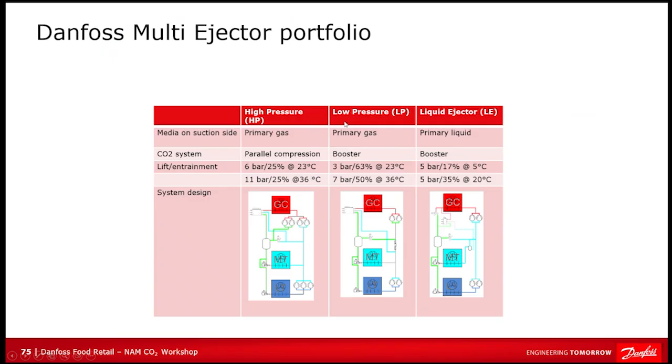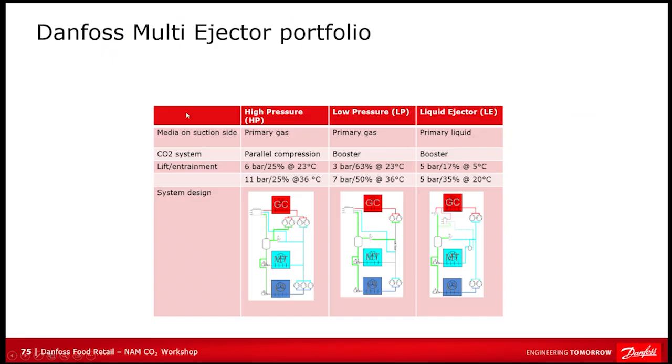Capacity, when you look at the first two, which are both vapor, you may ask, well, when would I use a high pressure versus a low pressure? The capacities of these two can be different. The high pressure typically has larger capacities it can support than the low pressure. And so each one may fit into its own design scheme, per se.